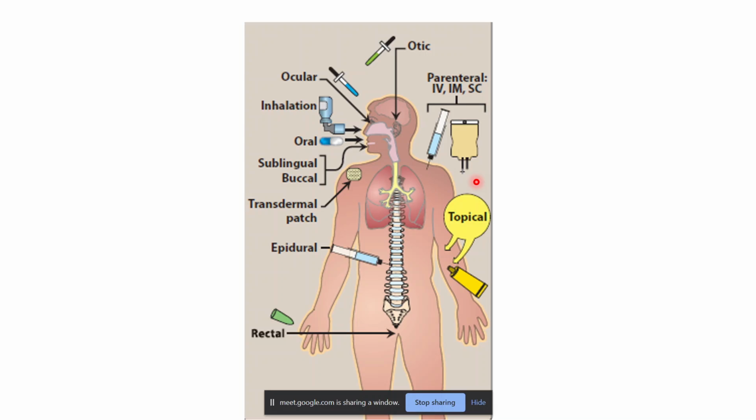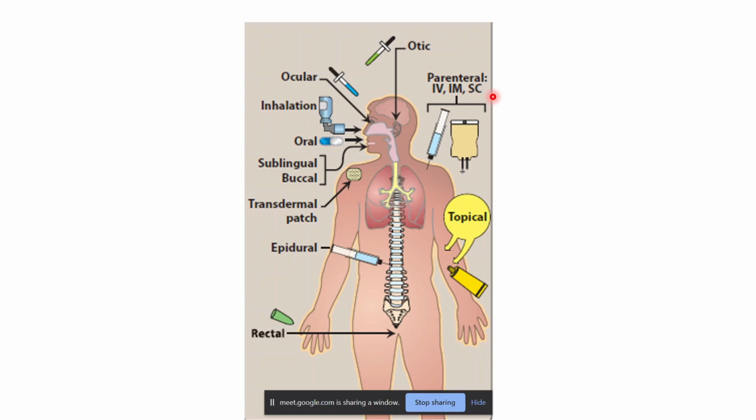So the next route is parenteral. The parenteral route of administration is divided into three types: intravenous, intramuscular, and subcutaneous. These are the abbreviations of the parenteral routes of administration.